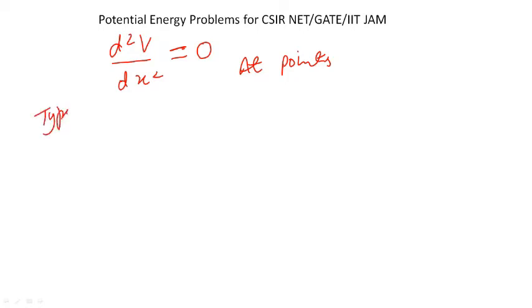But sometimes what happens is that d2V over dx2 at the points is equal to 0. So now how will we solve such types of problems where d2V over dx2 is 0 at the points? This is the third type of problem.